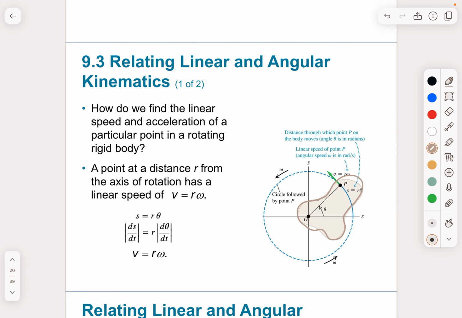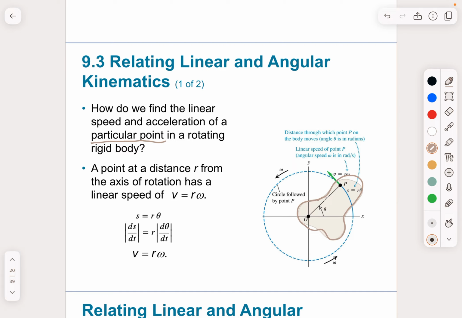And what we're going to do is pick one particular point on this rotating object and examine the motion of that point, okay? This point in the future is going to be the center of mass, right? But now it's just a point. But just thinking ahead, right? How do we interpret an entire body as one point? Well, we put all of our vectors on the center of mass, right? Okay. So that's just cluing you in there.